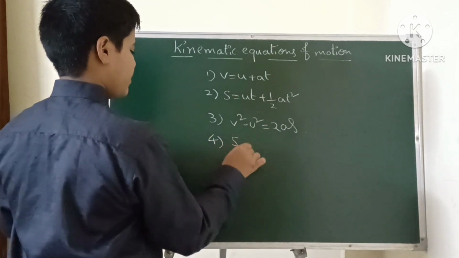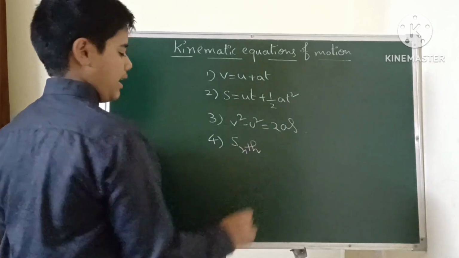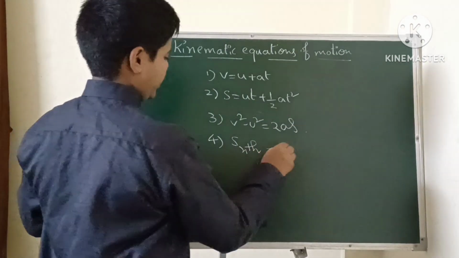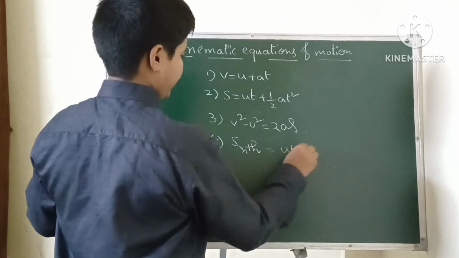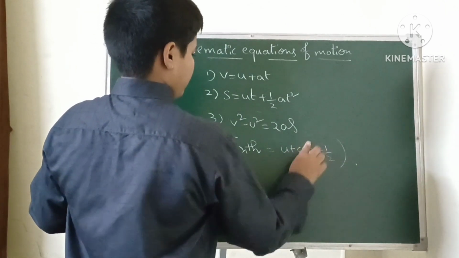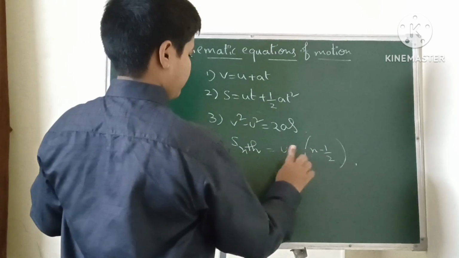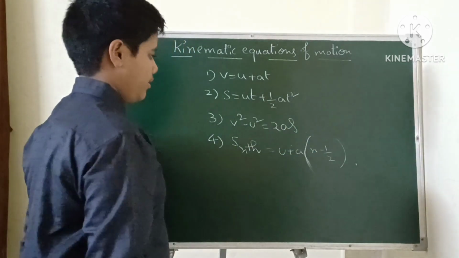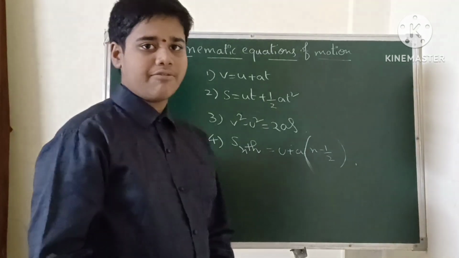Fourth one, a_n means distance for nth second. So a_n equals U plus A into (N minus half). Okay, U plus A into (N minus half). So these are the four kinematic equations.